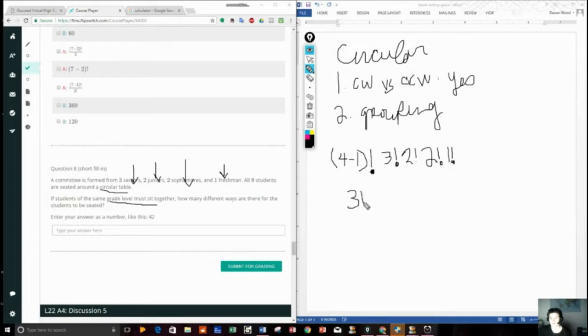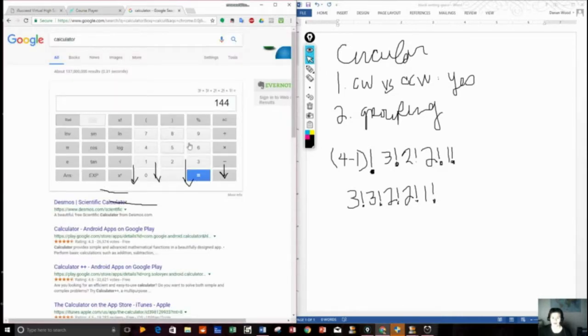So we're going to have 3 factorial times 3 factorial times 2 factorial times 2 factorial times 1 factorial. And 1 factorial is just 1, but I'm going to include it anyways. So that's going to equal 144.